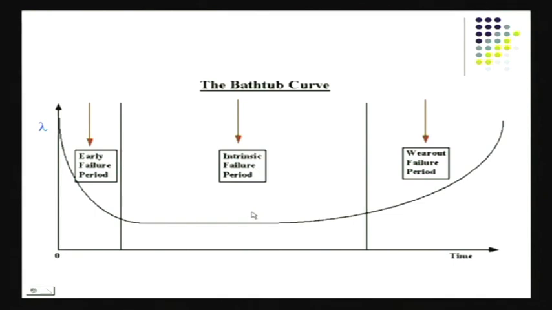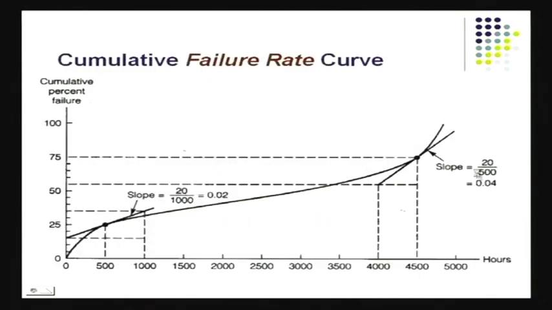And getting back again to the bathtub curve, I've got early failure, which is when lambda is high. Then lambda becomes quite low in the intrinsic failure period. This is like the service period. And then of course lambda begins to rise, the rate of failure begins to rise, when you come down to what we call the wear out period. And if you look at the cumulative time, the curve tends to flatten out when there is not much change in reliability over the service period.